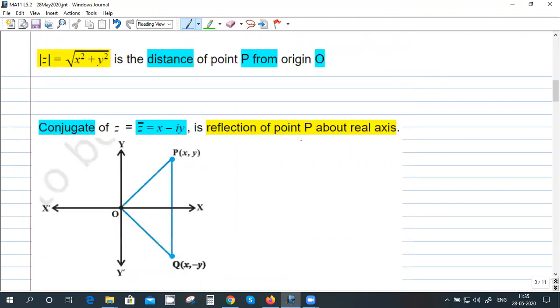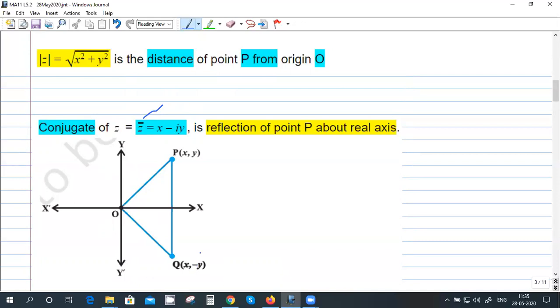Another thing we saw is the conjugate of a complex number, which is represented by z bar. You have to invert the sign of the imaginary part. So if z is x plus iy, z bar is x minus iy. Suppose z is in the first quadrant, then z bar will be in the fourth quadrant.